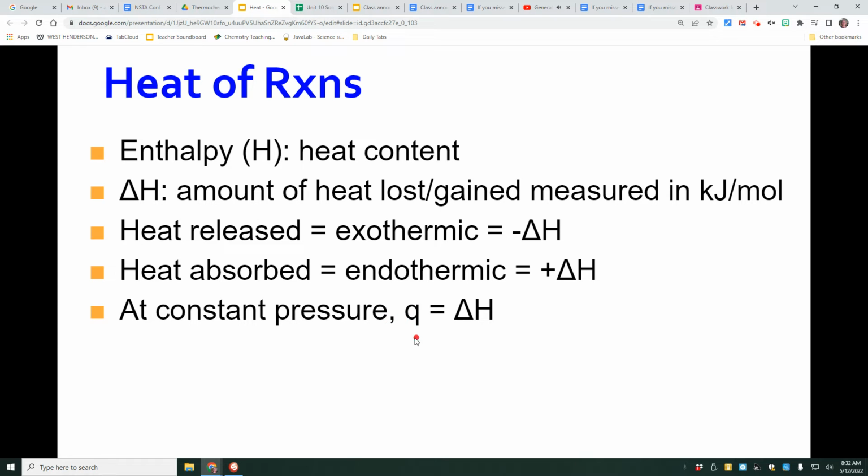Q is usually measured in joules or kilojoules, and so it is for a reaction right now. Delta H is a more universal way to express that change in heat content, and it's kilojoules per mole of what's reacting. And so we can apply that value to other reactions to predict how much heat they are going to produce.